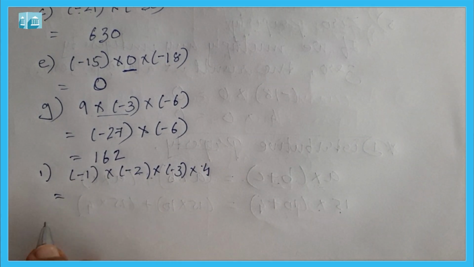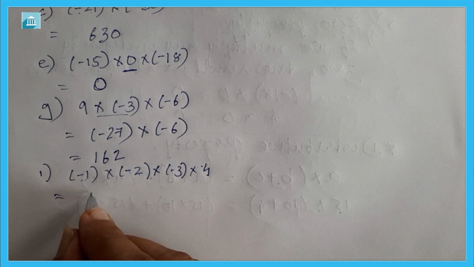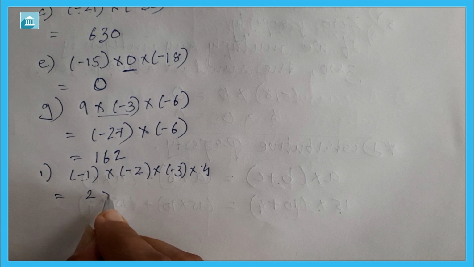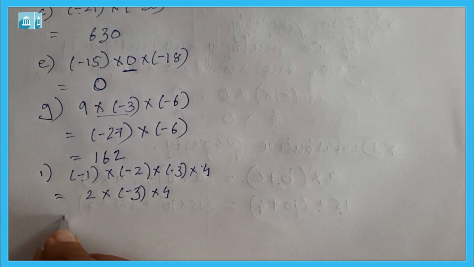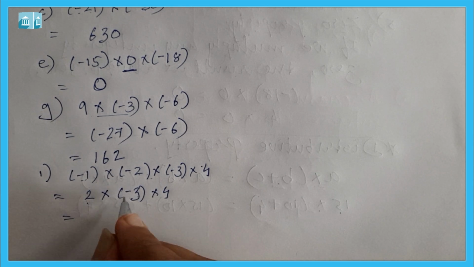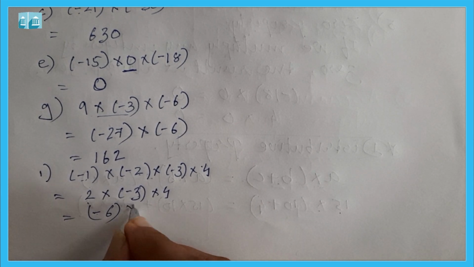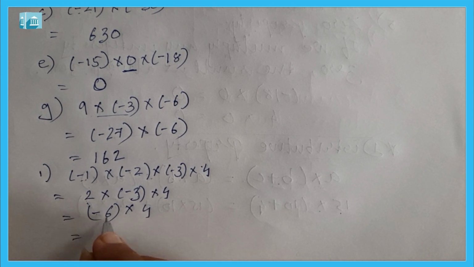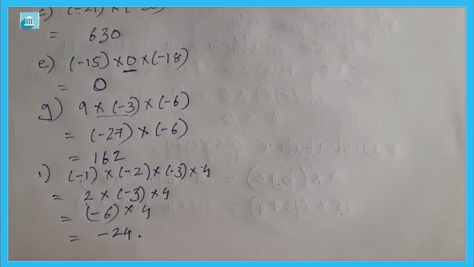Here minus 1 into minus 2 is negative into negative, that is positive. 1 into 2 is 2, into minus 3 into 4. 2 into minus 3, one is positive, one is negative, so it will be minus 6 into 4. Again minus into positive, so minus 6 into 4 is minus 24. The other questions you can do by yourself in the same way.